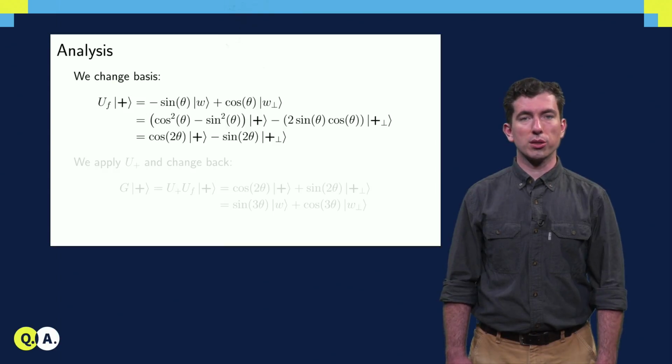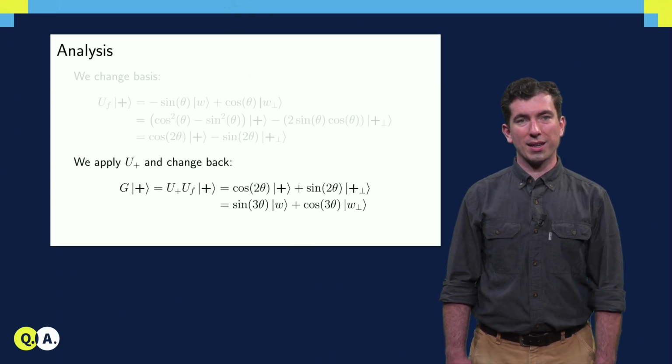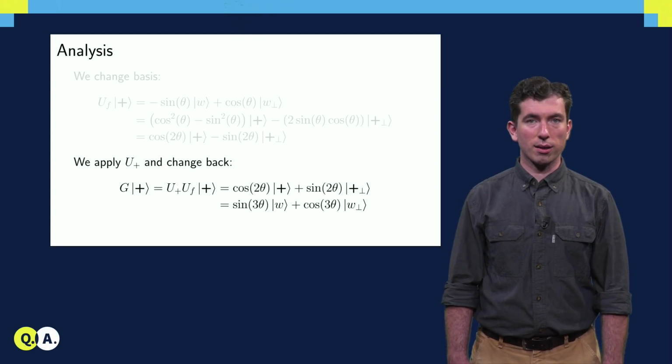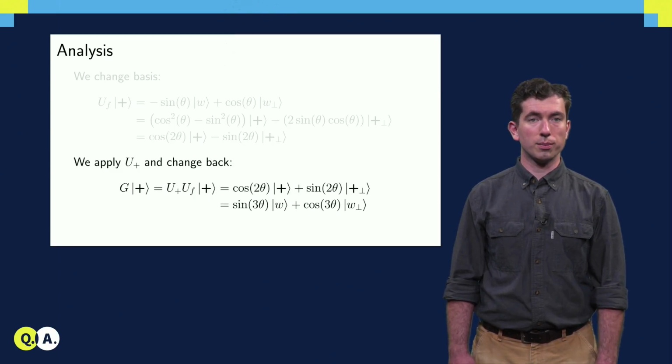Now we can express UF|+> in the plus perp basis using a little bit of trigonometry. Eventually, we get to the expression cosine of 2 theta |+> minus sine of 2 theta |+perp>. Applying U+ and changing the basis back, we can see that the Grover iterate takes our initial angle theta and replaces it with the angle 3 theta.